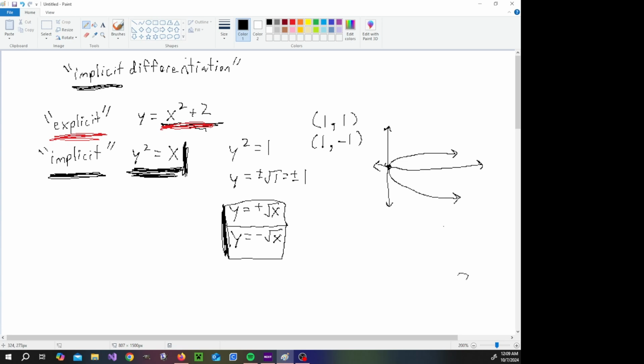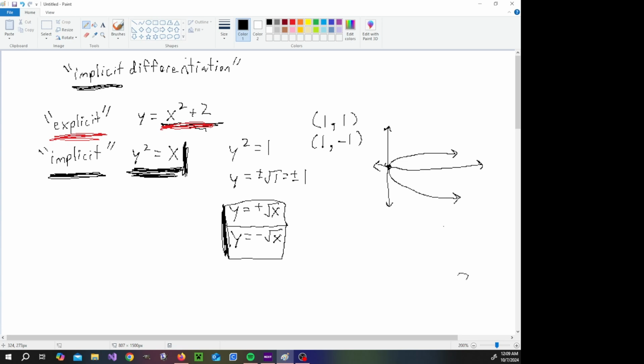Now, if I'm able to look at this graph and it makes sense to me, then hopefully I can figure out some way of taking a derivative along that graph. And that is exactly where implicit differentiation comes into play.